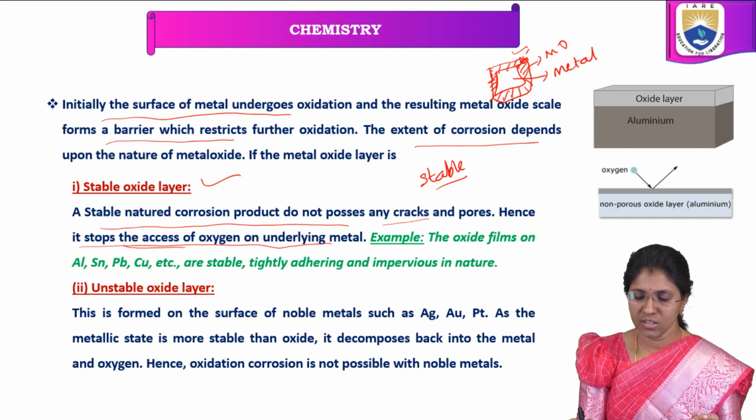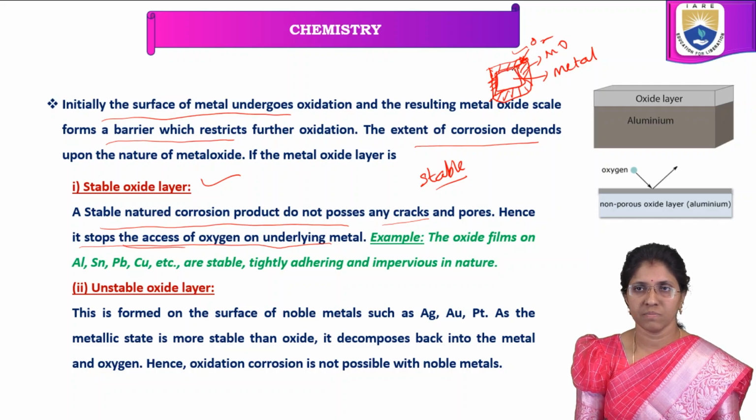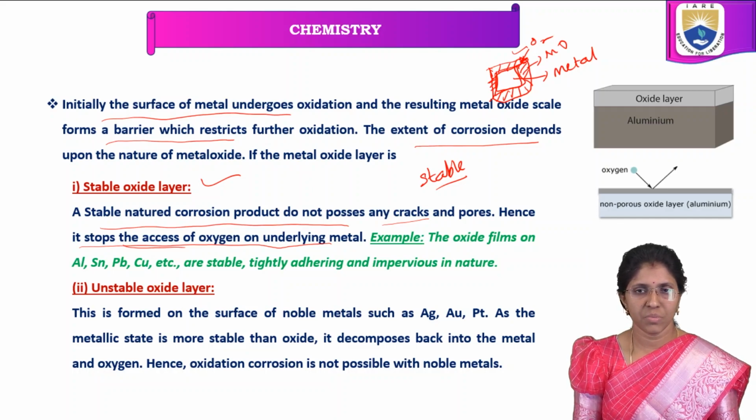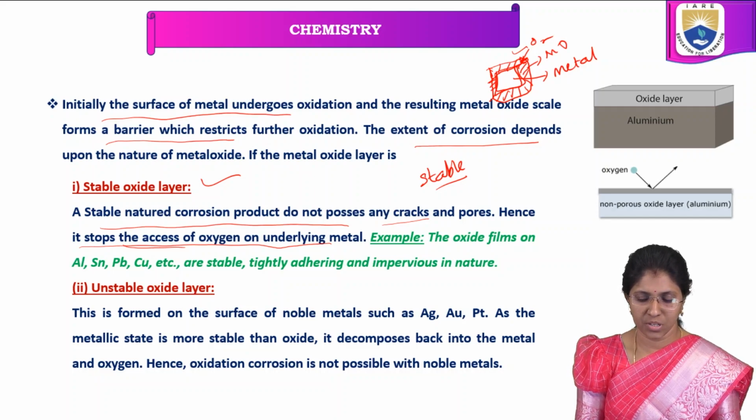So this layer stops the oxygen from reaching the underlying metal, and further corrosion does not take place because a stable oxide layer is formed.